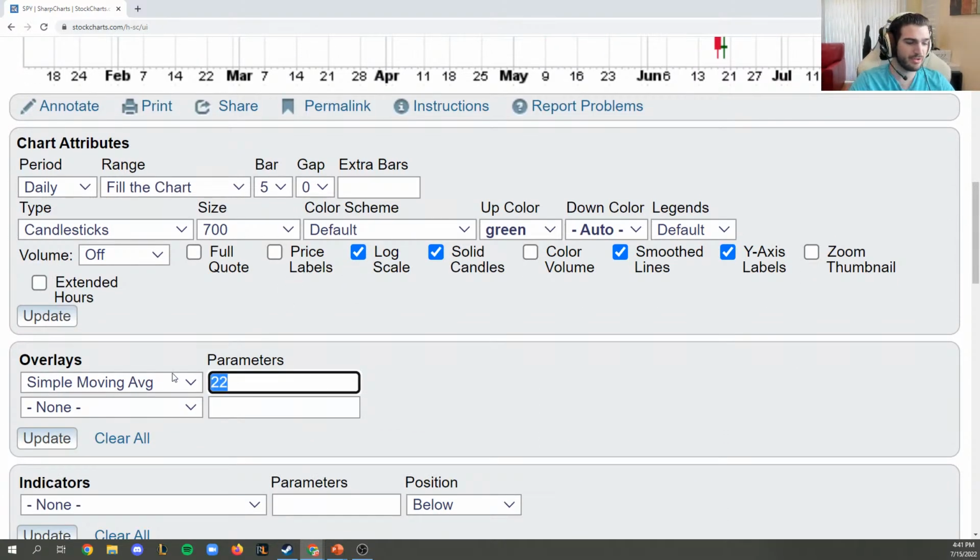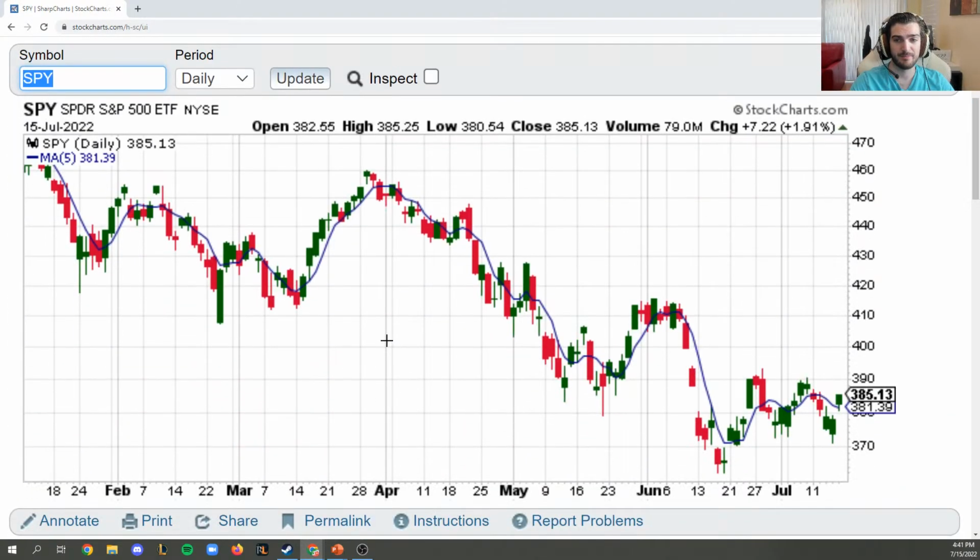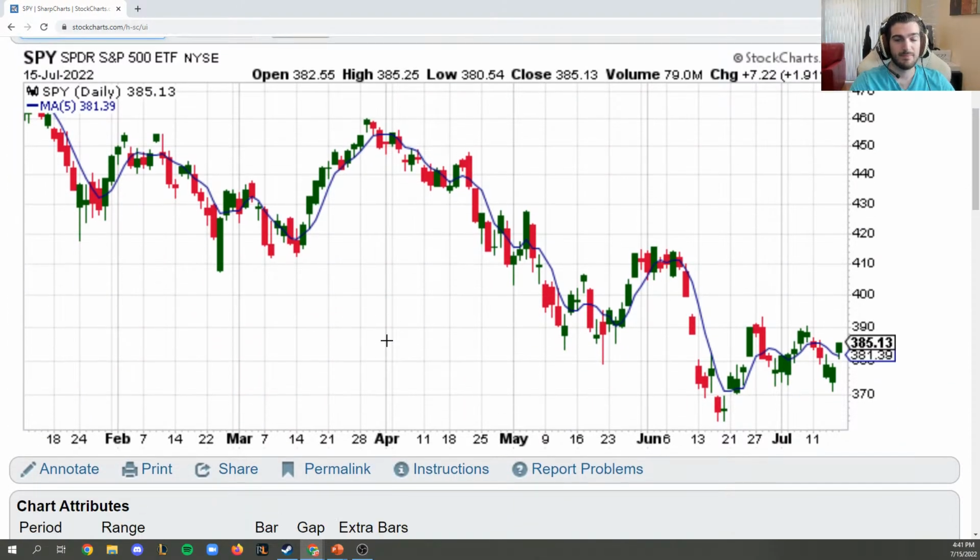We can also change this to 5 days. Now we can see much shorter term when we have a trend that is above its moving average or below its moving average. And many strategies rely on this. One strategy that I've seen in the past relies on looking at a stack of different moving averages.